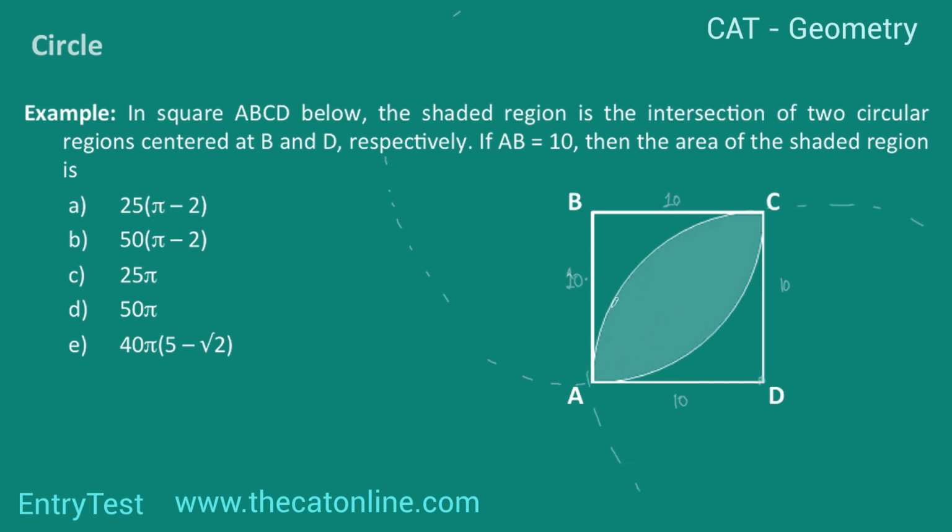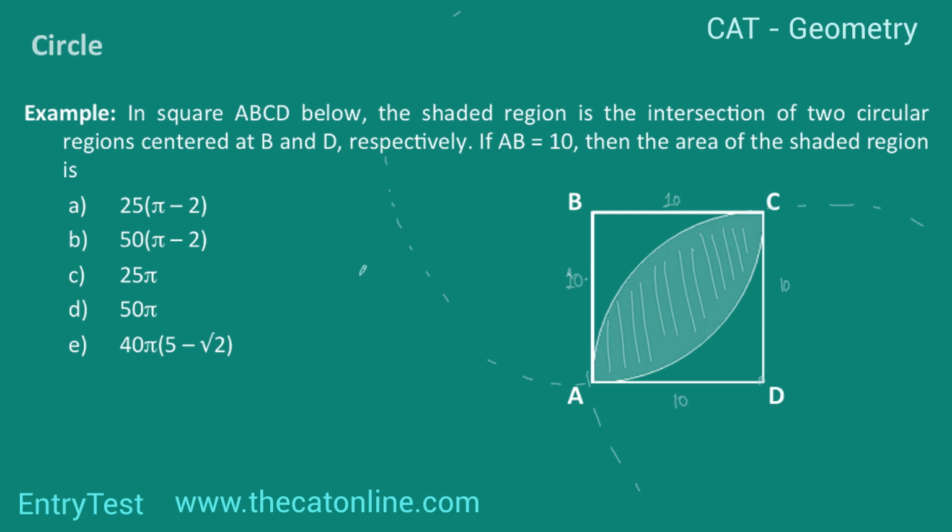Now this is the common region for the intersection of the two circles with B and D as their centers, and the radius of each circle being 10. The area of the shaded region is what you have to find out. Now if I just look at this, what is the area of the square?